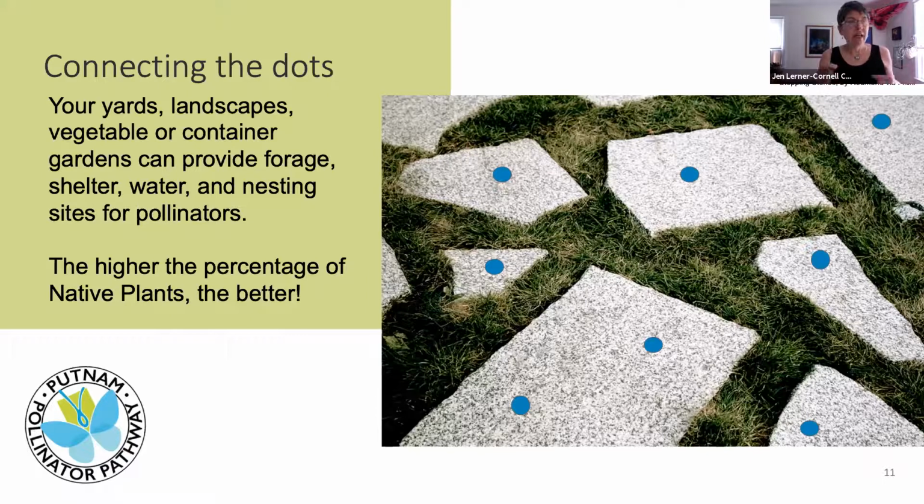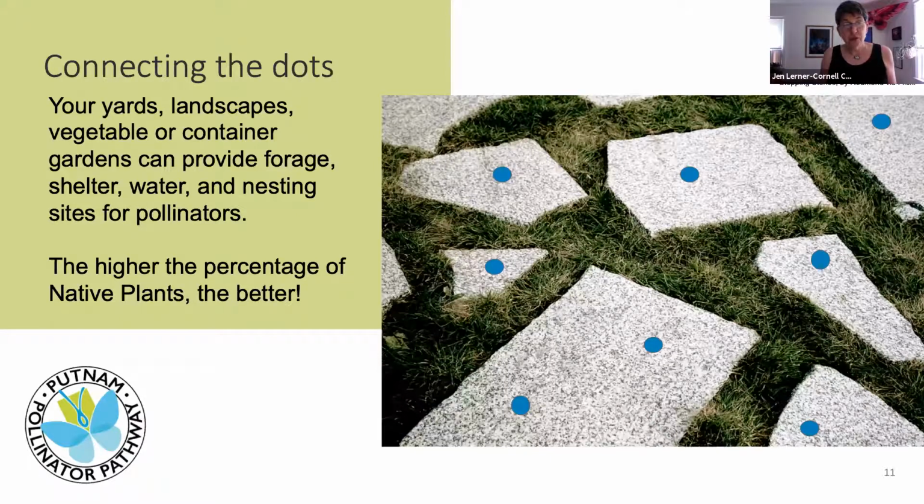Our yards and landscapes, vegetable containers, our gardens can actually provide forage and shelter, water, and nesting sites for pollinators. And the higher the percentage of native plants, the better. And if you think of each of these stones, these stepping stones in this landscape as your garden or a neighbor's garden, or perhaps it's a community garden down the street, or it's a farmer's field and a hedgerow that's in bloom.